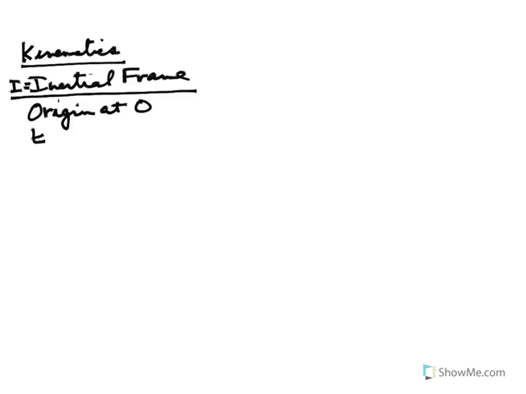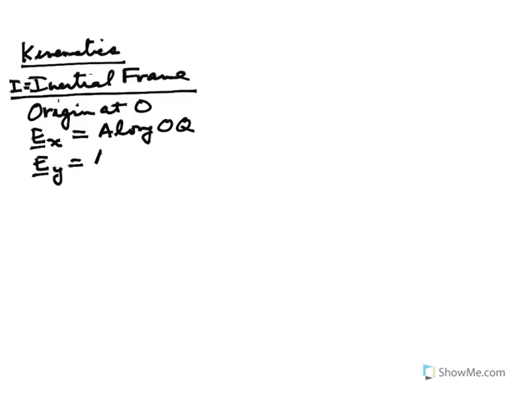Even though there is a rotation, we're just going to call I the inertial frame. I'm going to put the origin of the coordinate system at point O, and E_x is going to be along OQ.